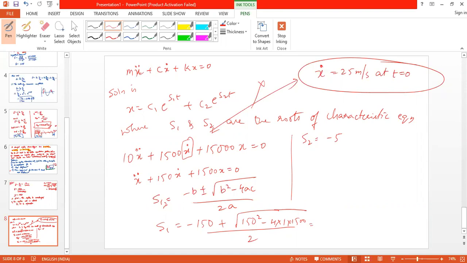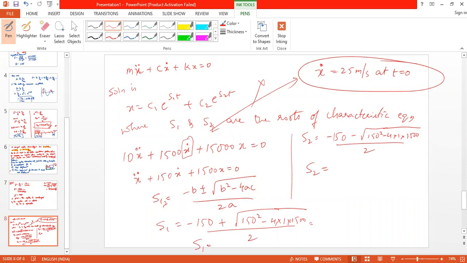What is the answer for S1? Minus 10.77. Okay, what is S2? Minus 139.22.